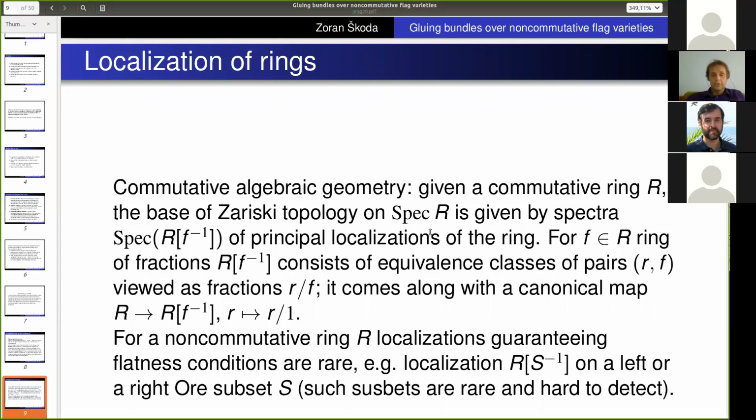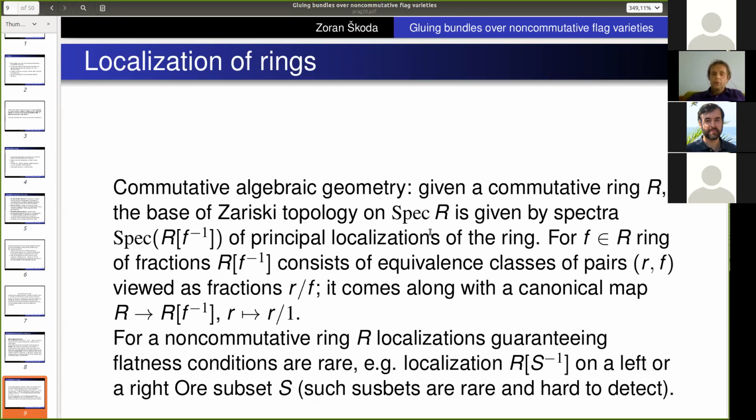So in commutative geometry, you know that if you have a commutative ring and you take an element, then you can invert it in a universal way. That's a localization. And the spectrum of a localization of a ring is the so-called basic open sets, and these basic open sets form a base of the topology of the spectrum.